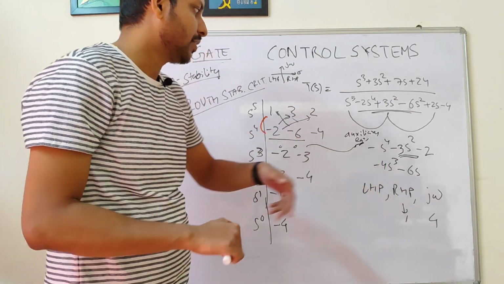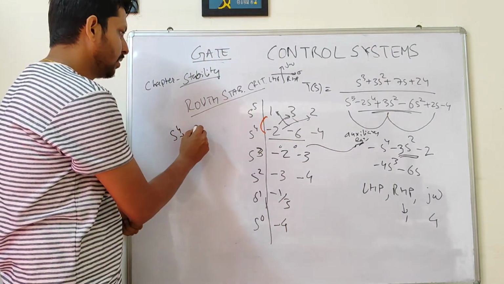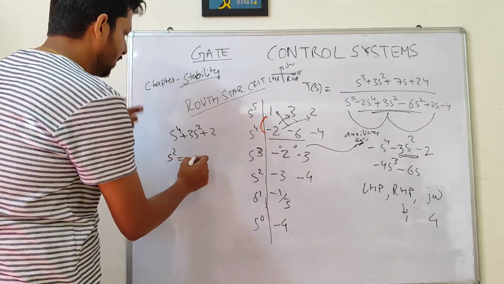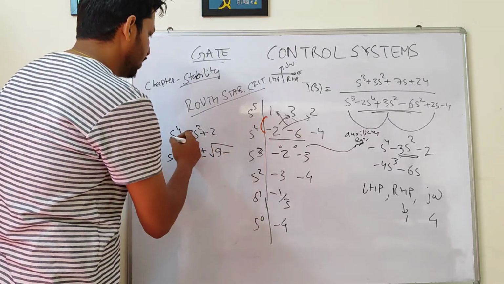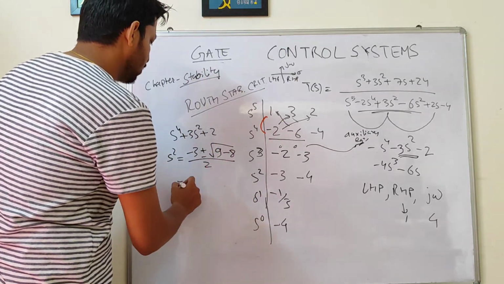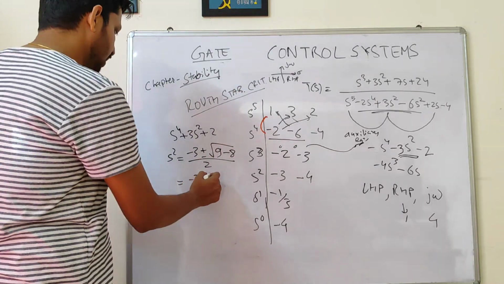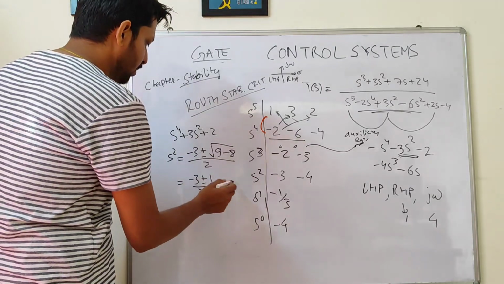So from here, if you solve this equation, s to the power 4 plus 3s square plus 2, whatever the roots, s square would be (-3 plus minus square root of 9 minus 8) by 2. So -3 plus minus 1 by 2, which is -2 or -1.